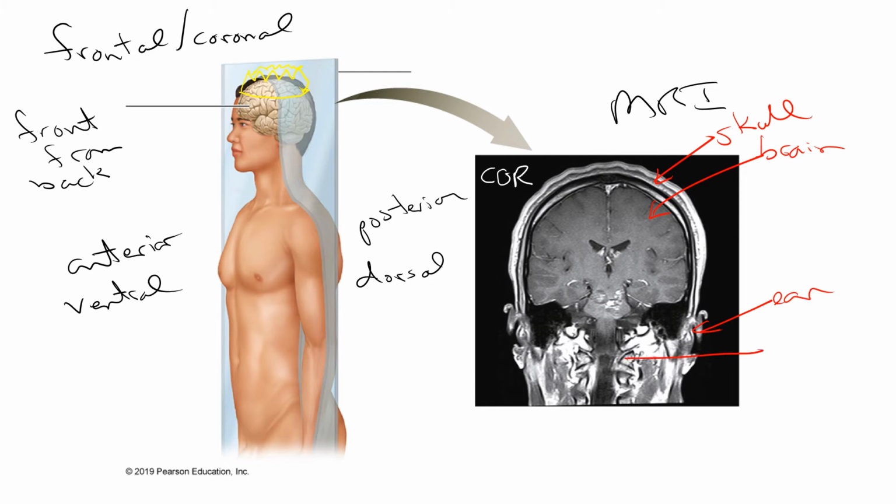Here's part of a vertebrae, and also here, and here, and here. And here's the spinal cord. So just to give you a little bit of orientation into the MRI. Okay, so there's your frontal or coronal section.